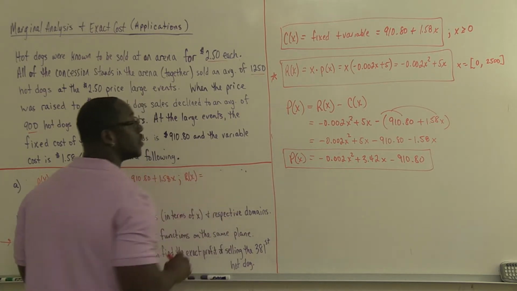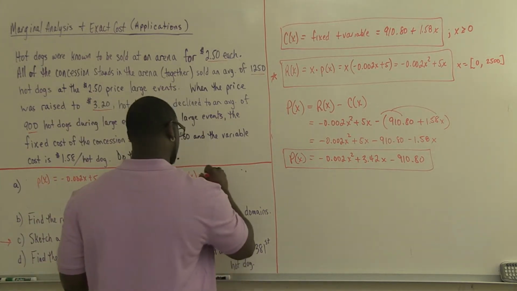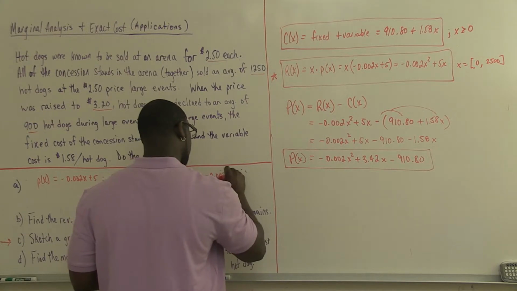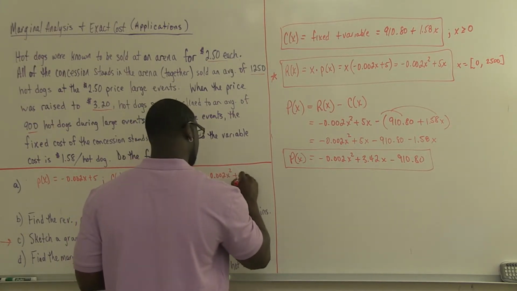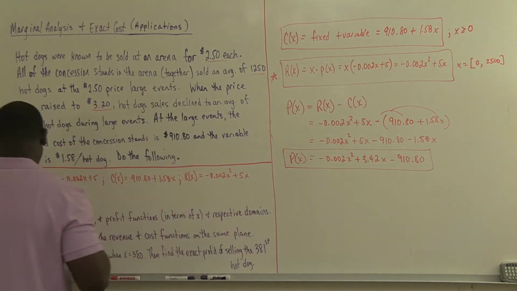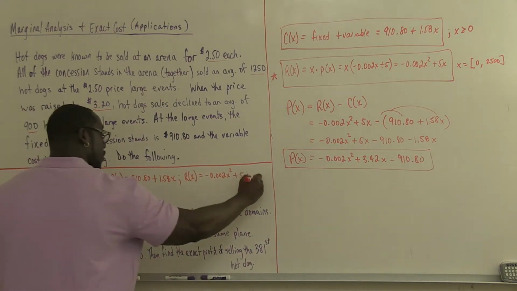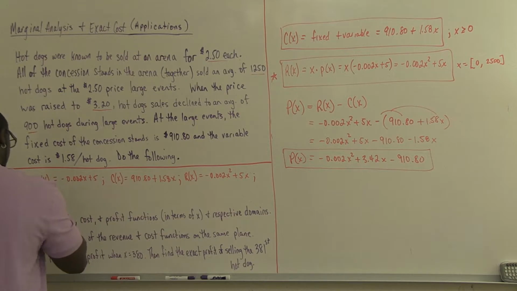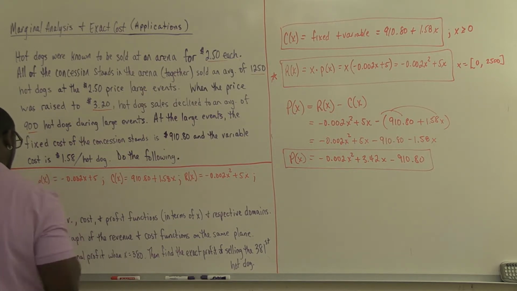Revenue function, and then our profit function. So that's a little p, this is a big P. And I'll put the line through it.